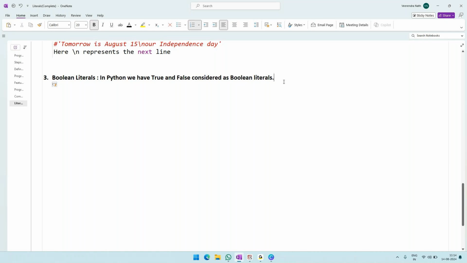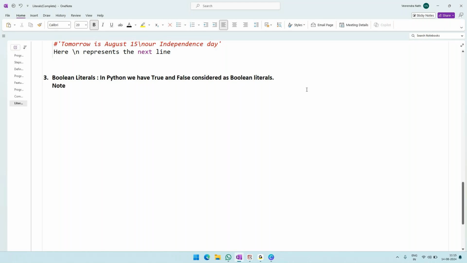Boolean is nothing but only two values. What are the two values? The two values are true and false. But don't keep them under quotes.